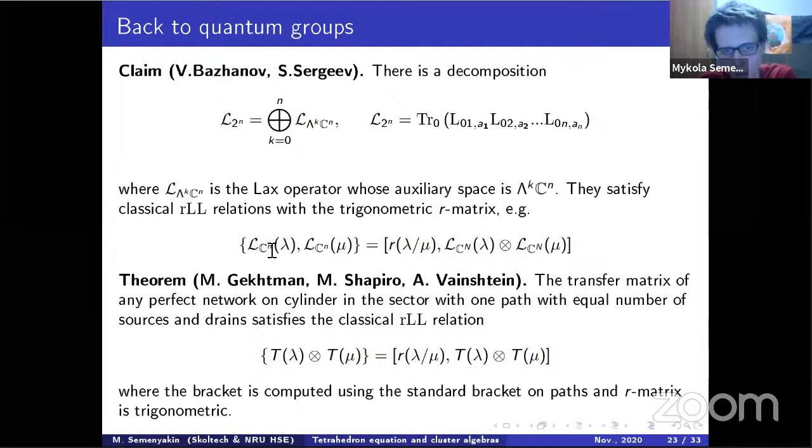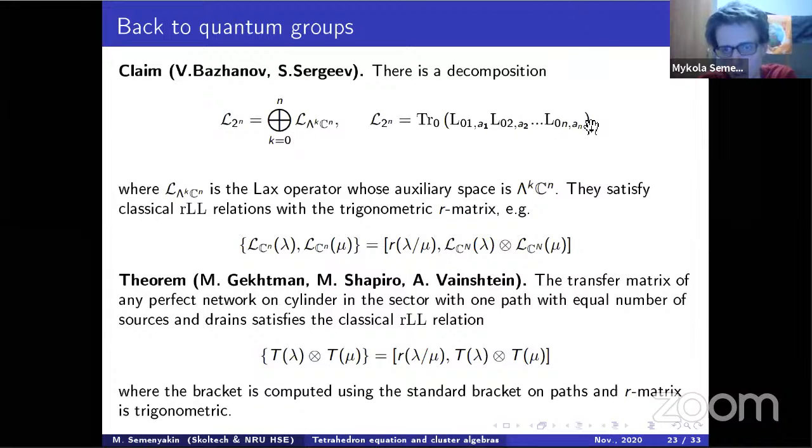So, for example, in the sector with one path, which is the main sector, this is just an n by n matrix, and these n by n matrices satisfy the classical RLL equation with the trigonometric R matrix.